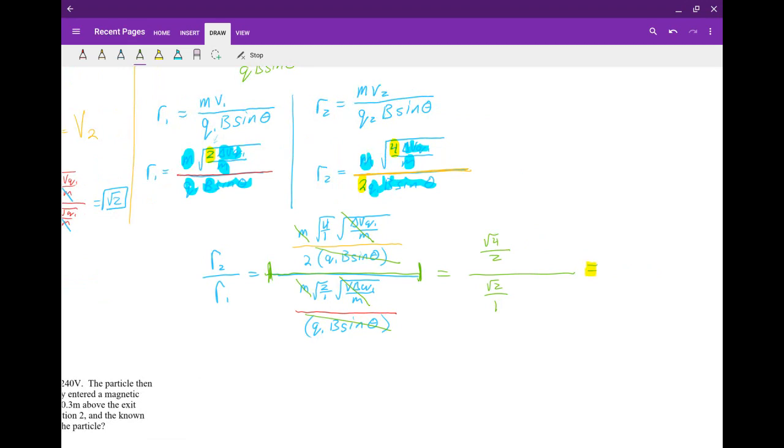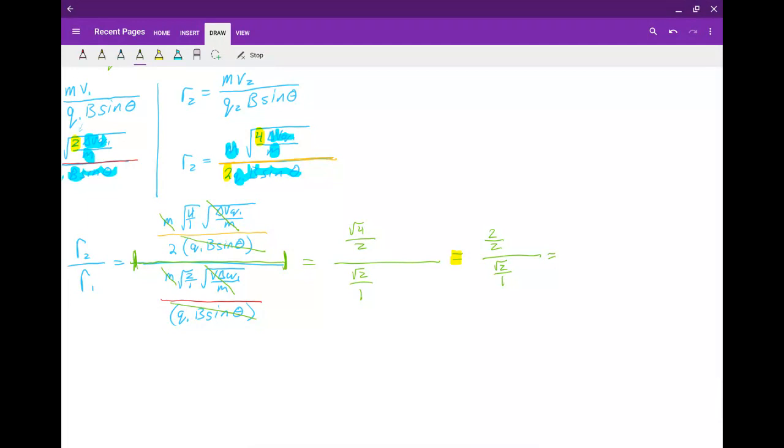And if we look closely at this, it's the square root of 4 over 2, right? Which is, by the way, what is the square root of 4? It's just 2 over 2 over the square root of 2 over 1. And so in the end, it's actually just 1 over root 2, which is, let's see, what is that?